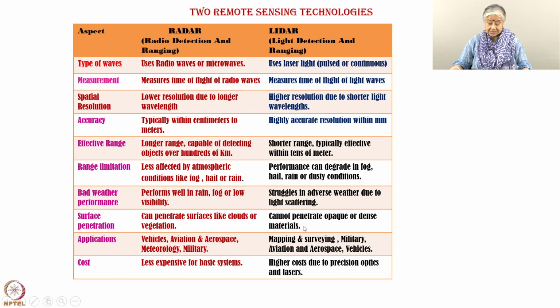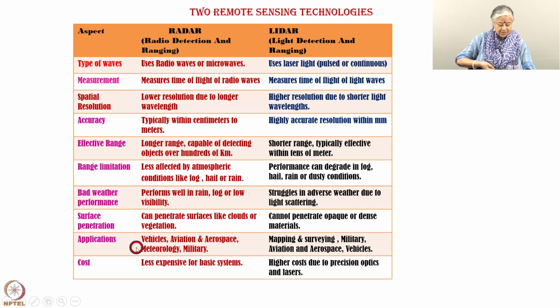As I had said in my last lecture, you have to use a particular wavelength of LiDAR in order to penetrate through trees, leaves and vegetation, in order to reach the ground, if you want to map the ground. So, surface penetration is better in case of radars.